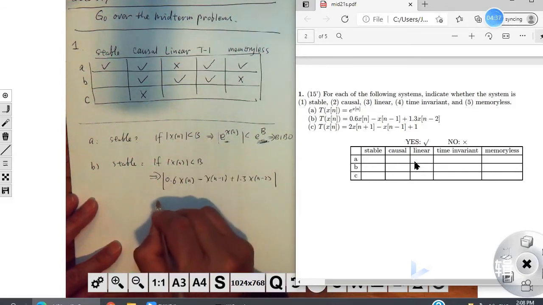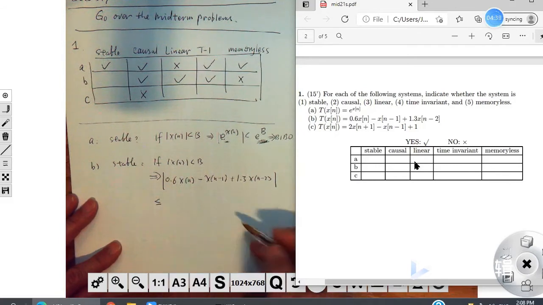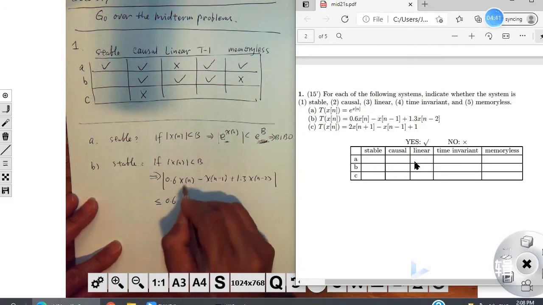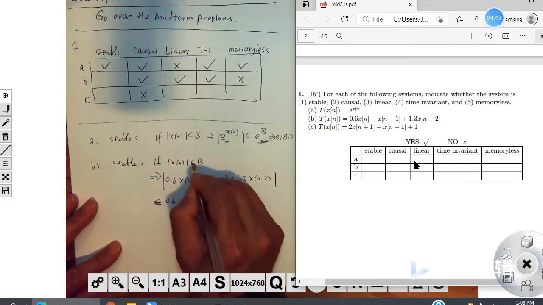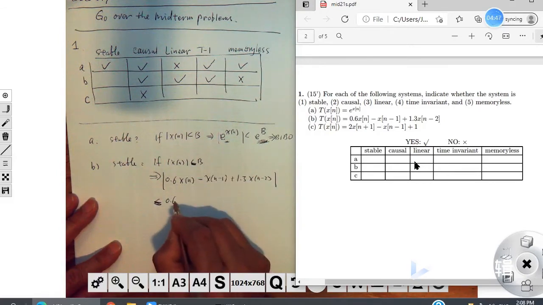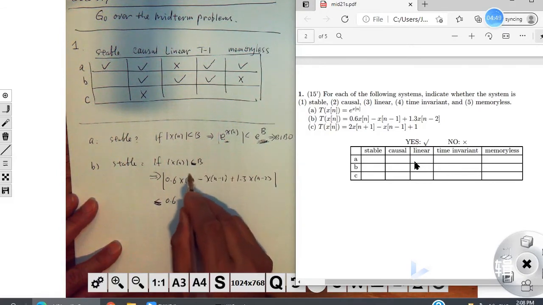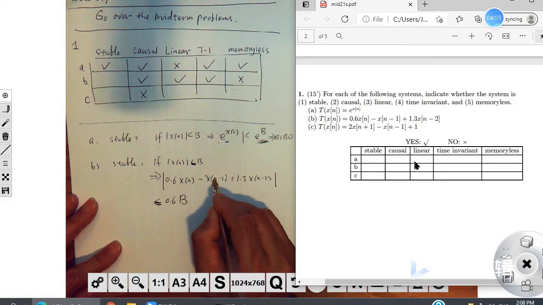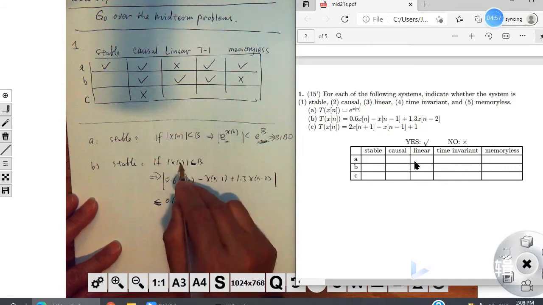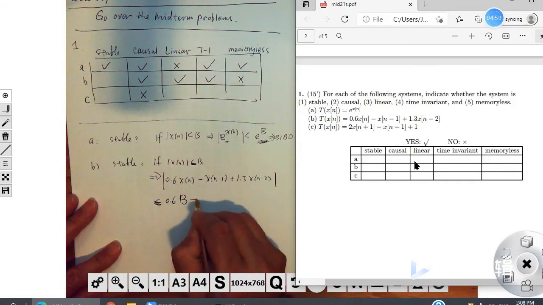It is smaller than 0.6 times this term, which is no more than B. The absolute value is smaller than B, so you just put plus B.